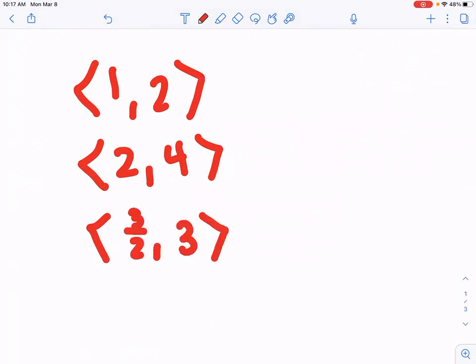All of these vectors go in the same direction. What do you notice about them?